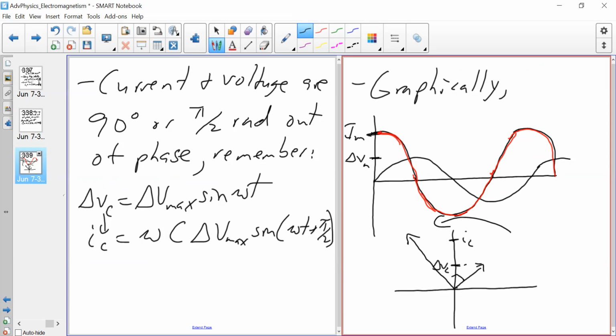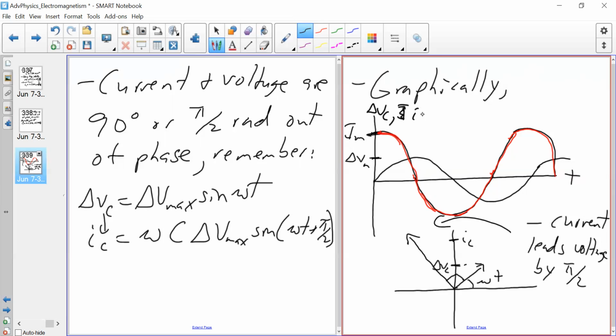It's going to lead it by 90 degrees. And here's omega t as it wraps through 2 pi radians. Current leads voltage by pi over 2. So this is a regular sine graph, sinusoidal. And delta VC and IC. And these are my phasors.